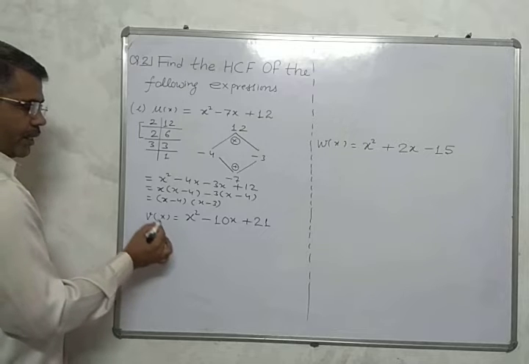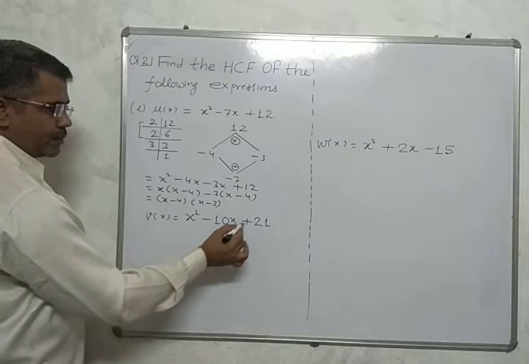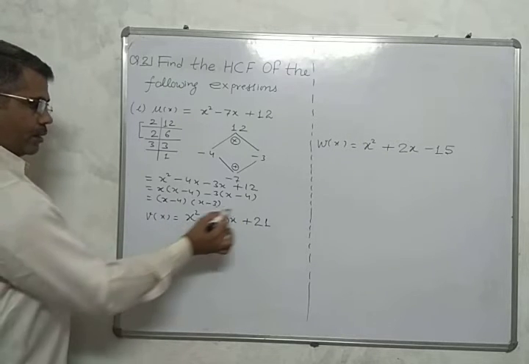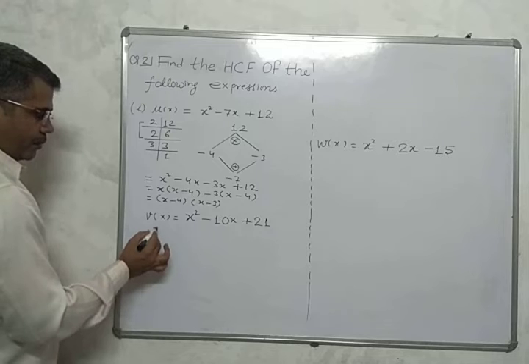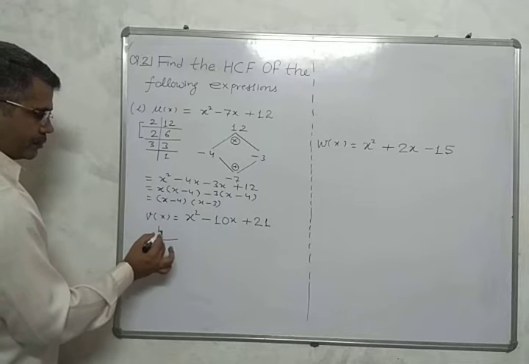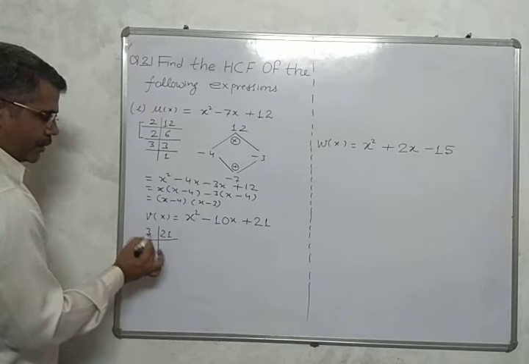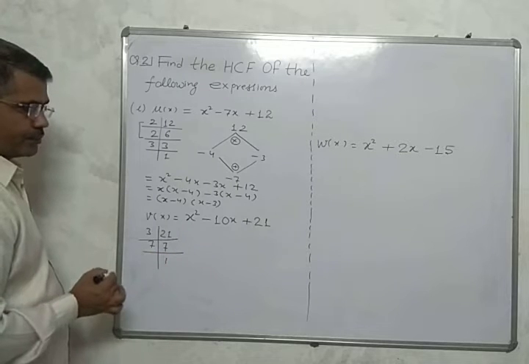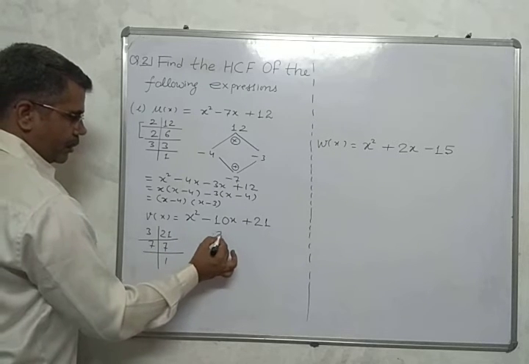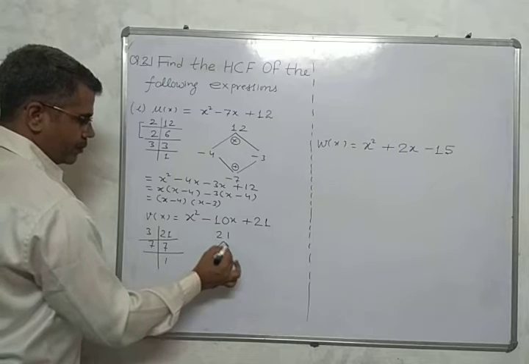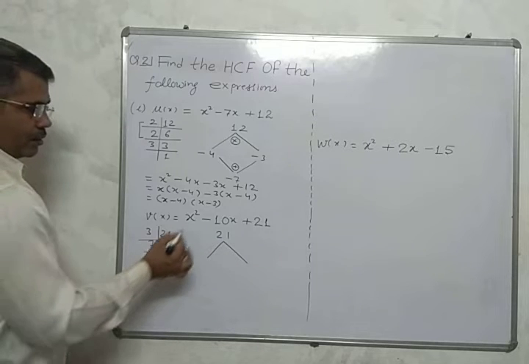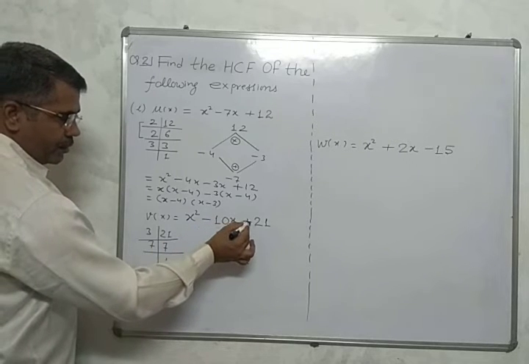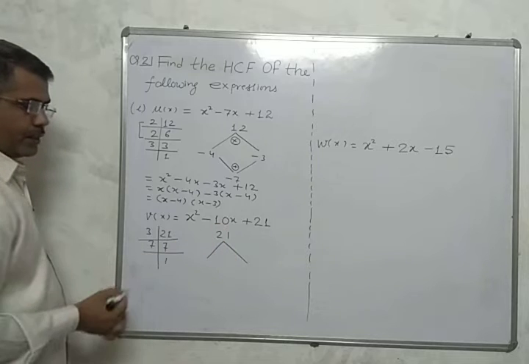Next, v(x) equals x square minus 10x plus 21. We again find the factors of 21. Divided by 3, we have 7, again divided by 7, 1. 21 is broken in the form of -10.